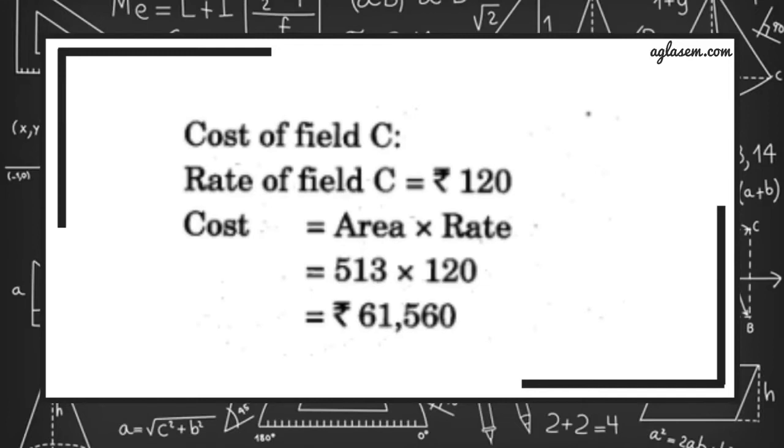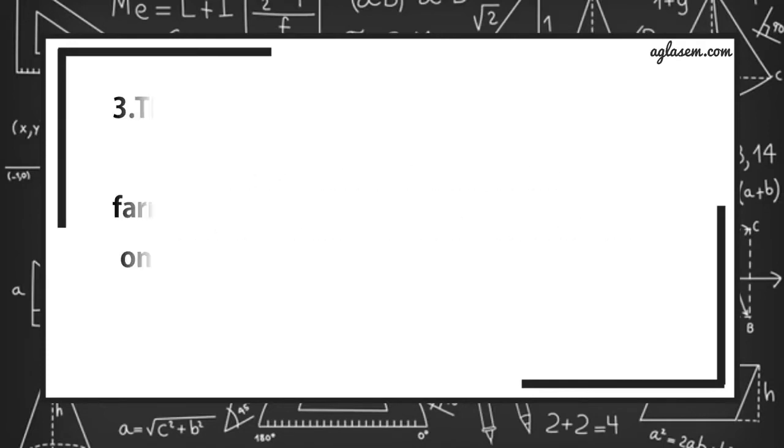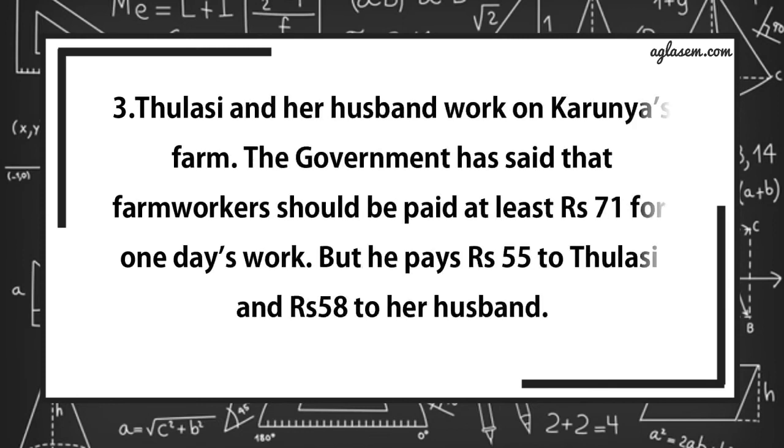Now, cost of all 3 fields are 71820 plus 47520 plus 61560, which will give you 1,80,900. Further, question number 3 says, Tulsi and her husband work on Karunya's farm. The government has said that farm workers should be paid at least rupees 71 for 1 day's work.